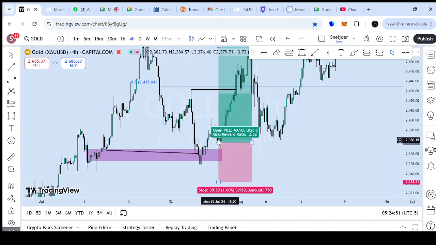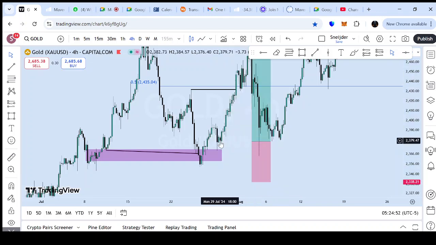Even though we had a little consolidation before price moved up and created a small fair value gap too, that's where price delivered. Then this candle here acts as an order block, the last bearish close candle. This low is lower than this low. So that's an order block.